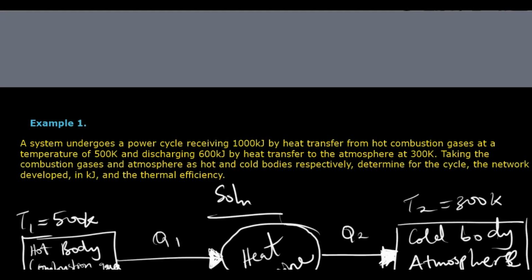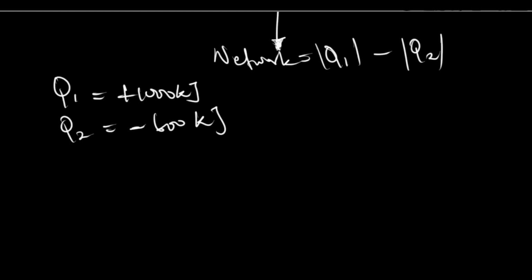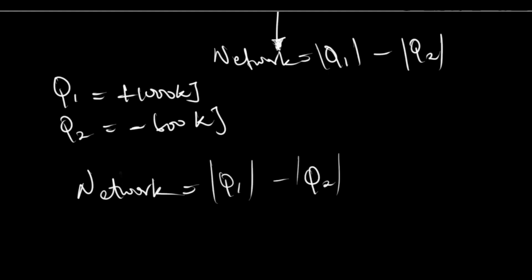Now the network obviously will be, sorry for that big handwriting, the network, which is Q1 minus Q2, will be, the magnitude of Q2 is 600, so network will be 1000 minus 600.